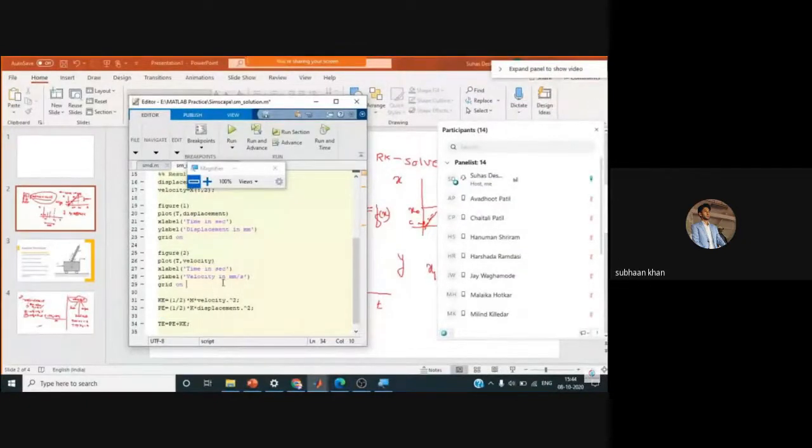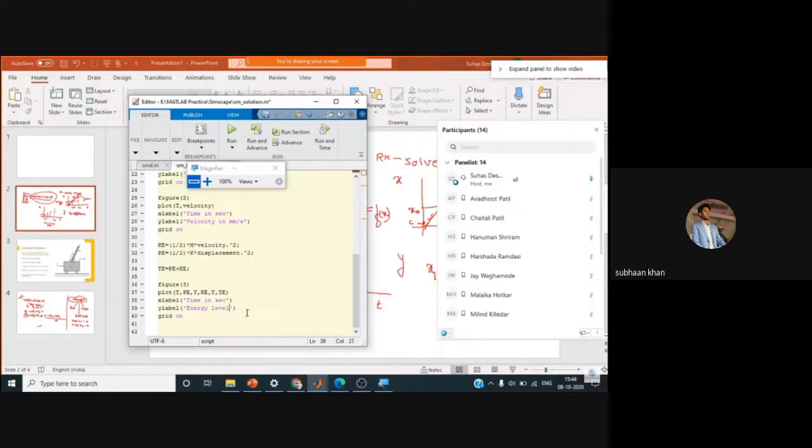For that purpose, I will plot one more graph here, a third graph. With respect to time, I will plot the potential energy, the kinetic energy, and the total energy. On the y label, I will say it is the energy level, and maybe write some unit.